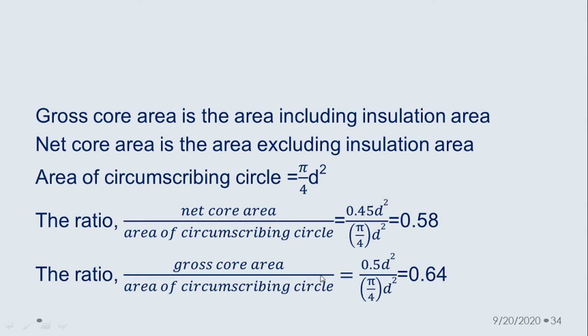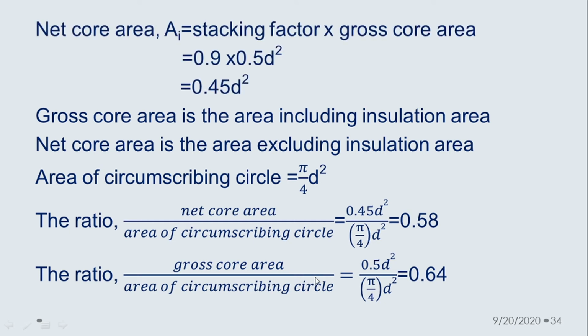That means gross core area is around 64%, or 0.64 times, the area of the circumscribing circle. So net core area is 0.58 into the area of the circumscribing circle in case of a square core, and gross core area is 0.64 into the area of the circumscribing circle, correct?